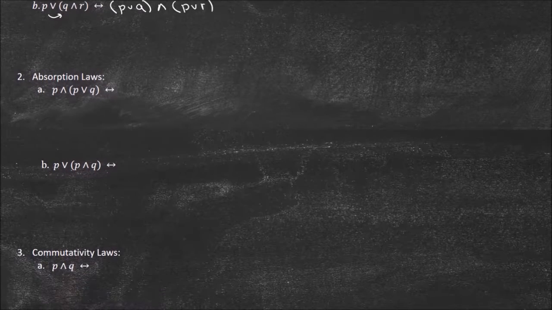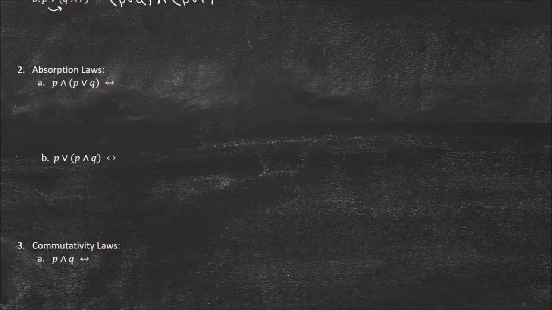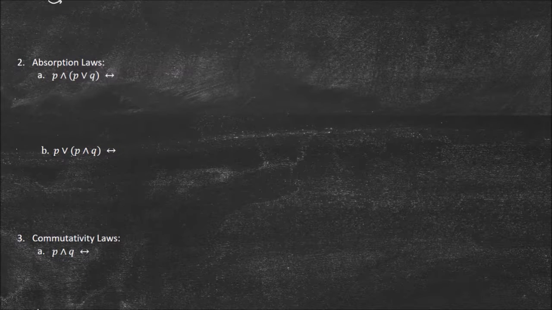Now let's take a look at the absorption laws. This is when we have P and (P or Q), or P or (P and Q). This is just a special case of the distributive property, and notice that the same proposition, P, is on both sides, and you're just going to end up with P both times. We could easily prove it using a truth table, but I think it's easier to just think about this logically. So it's P and (P or Q).